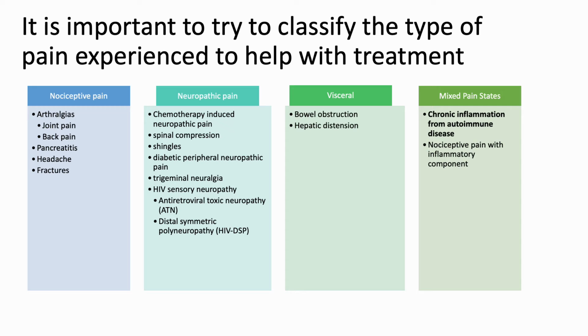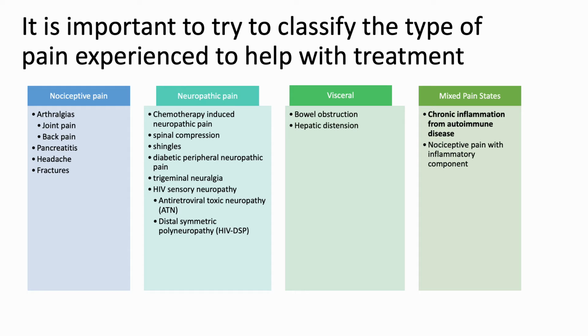Many times people talk about it being sharp, dull or achy, throbbing, versus neuropathic pain, which can come from chemotherapy-induced neuropathic pain, spinal compression, shingles, diabetic peripheral neuropathic pain, HIV neuropathy, which we hear people talking about as shooting and burning and tingling, sensitive to touch, more exaggerated pain to touch, pins and needles, bugs crawling.